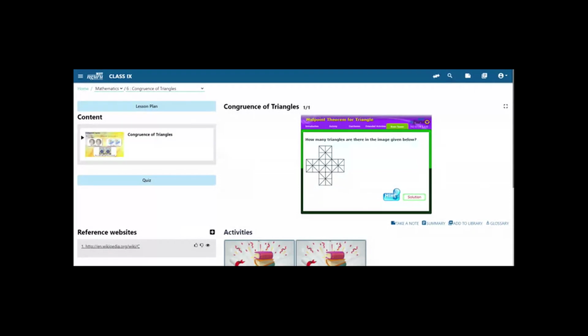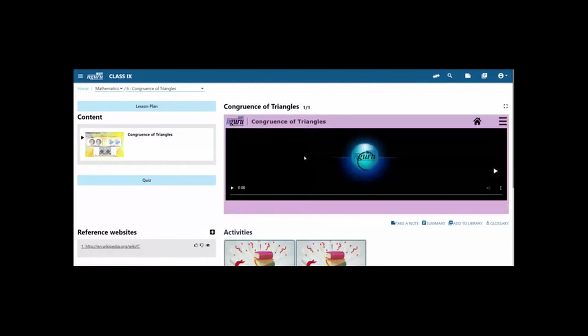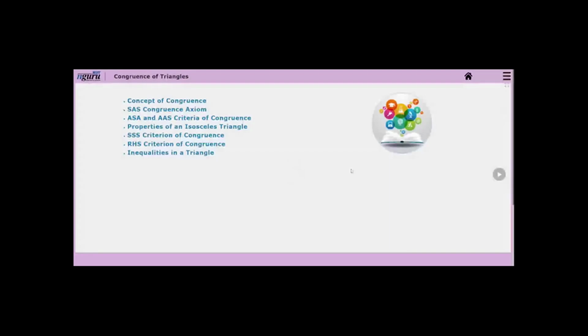Now, what shall we do? I have shown you this congruence of triangles, right? Yes, ma'am. Here: concept of congruence, SAS congruence axiom, AAS criteria, properties of isosceles, SSS criteria, RHS criteria, and inequalities in a triangle.